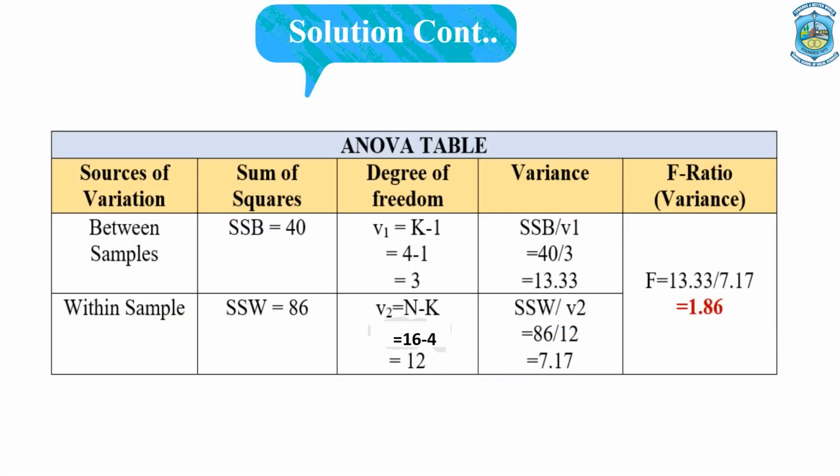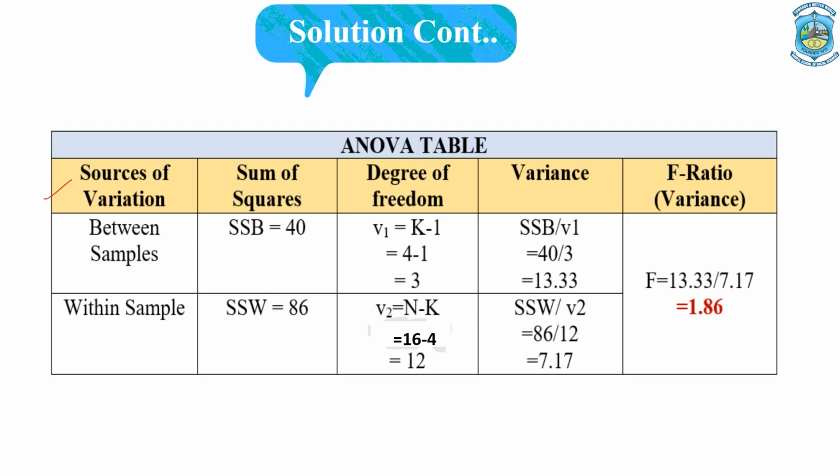Now this is the final step, the Anova table, from which we will find the value of the F ratio, that is the F variance. The headings for the Anova table are sources of variation, sum of squares, degree of freedom, variances and F ratio.